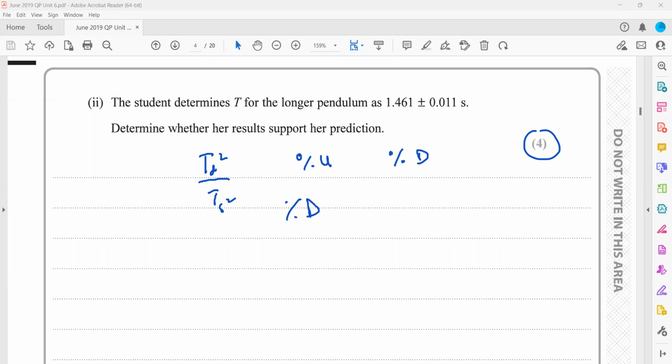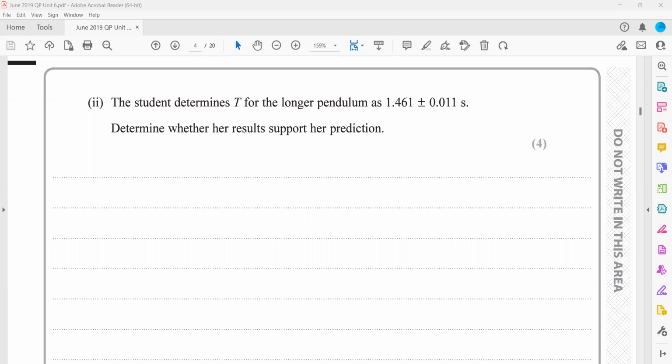If the percentage difference between the two values is less than the percentage uncertainty, it means the two values are the same, and it supports that Td square over Ts square should be equal to 2. But if the percentage uncertainty is lower than the percentage difference, then it does not support it; the two values are not equal.